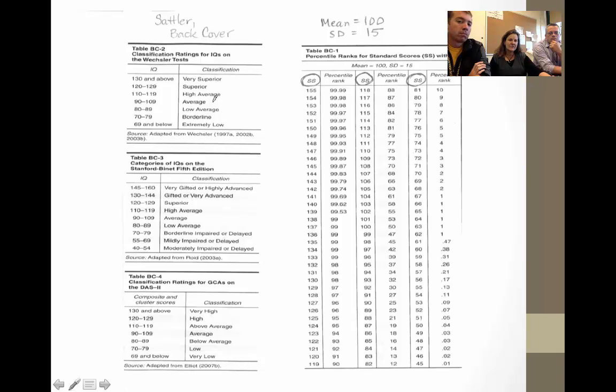So you've got your average range if you score between 90 to 100, low average if you score between 80 to 89, high average 110 to 119. And I'm pretty sure the psych students end up doing online IQ tests, so you'll get some of these types of results with classifications.